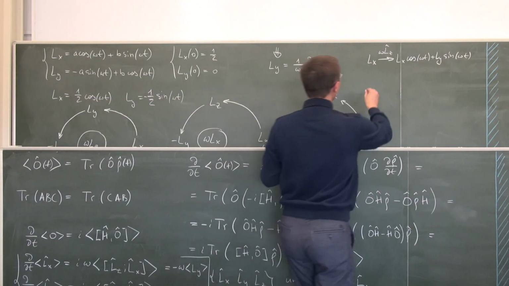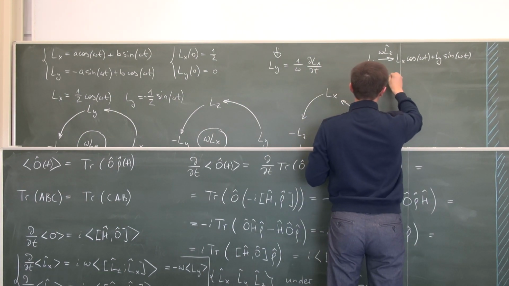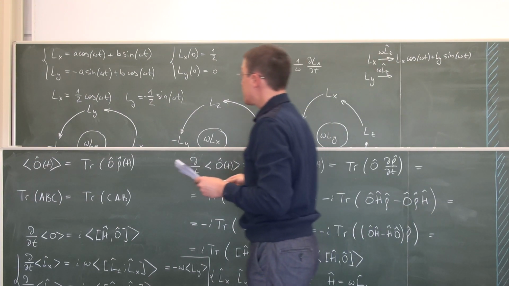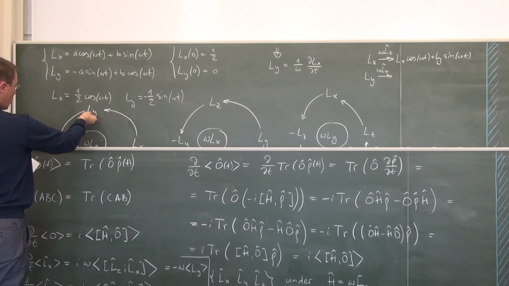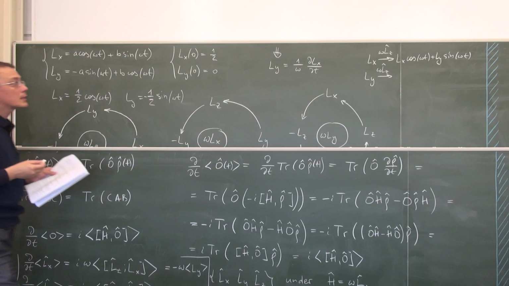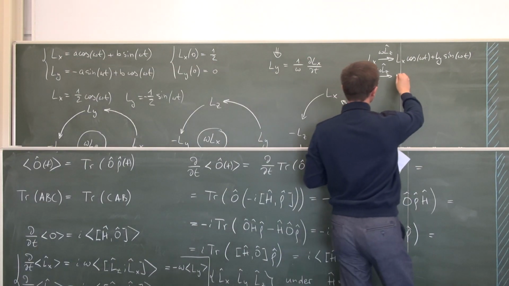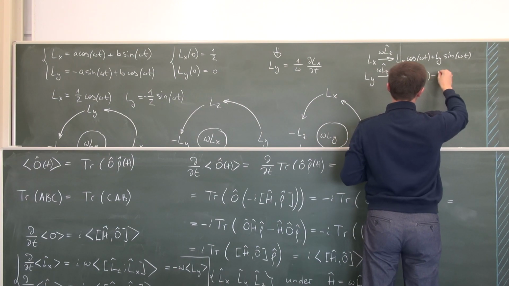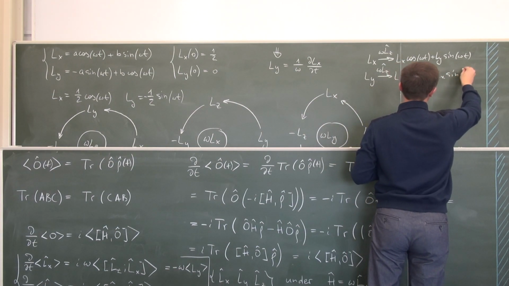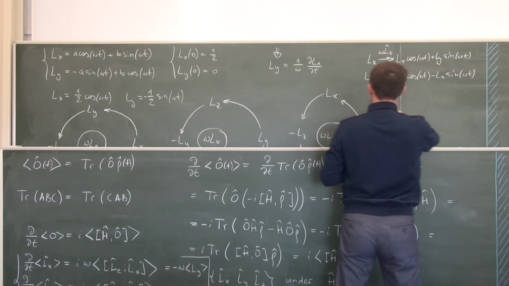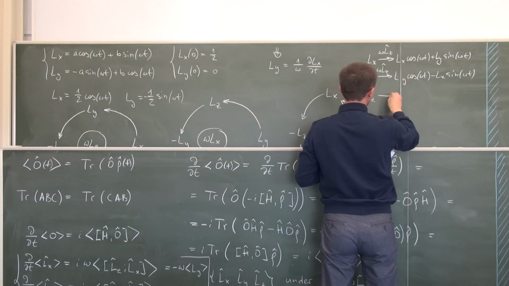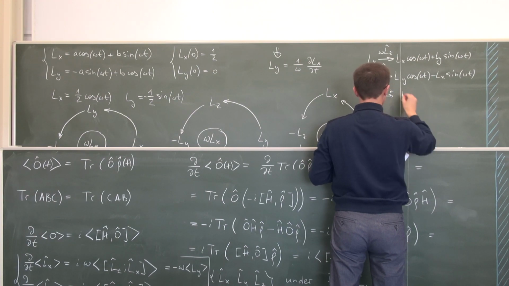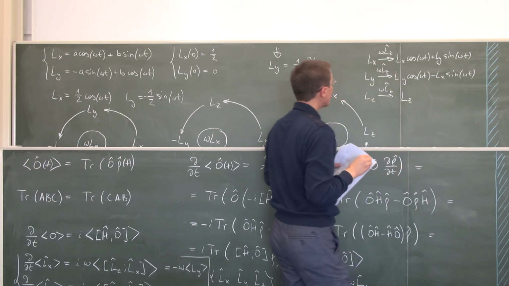If we have Ly under omega Lz, that would likewise be this. So we have Ly cos omega t minus Lx sine omega t, and Lz remains unchanged, because it commutes with the evolution generator.